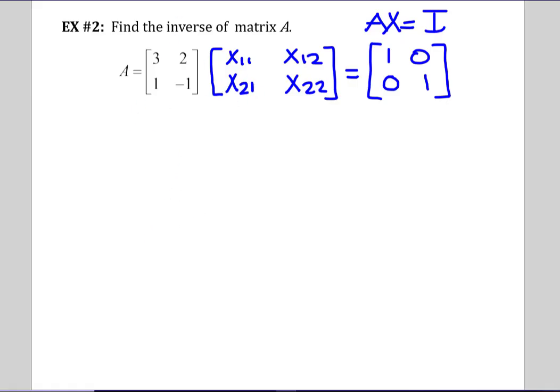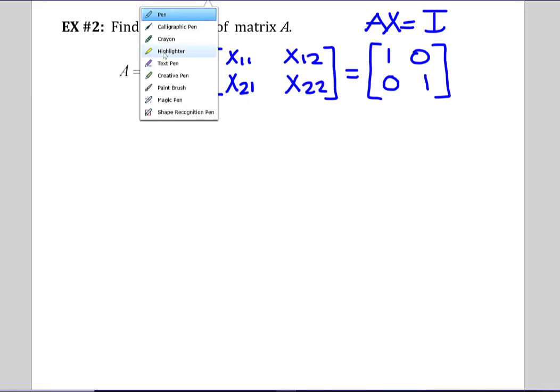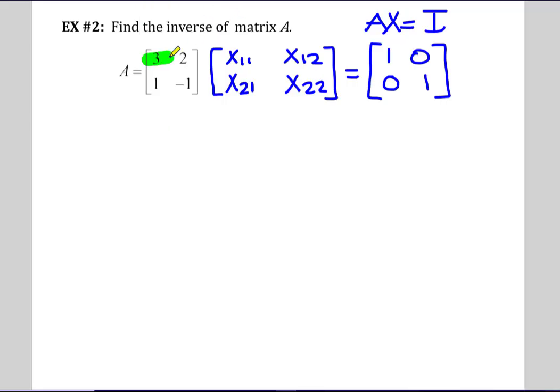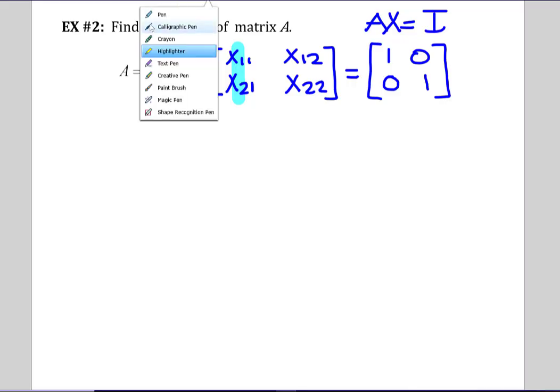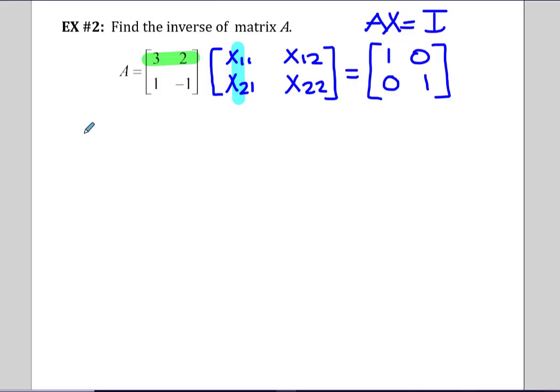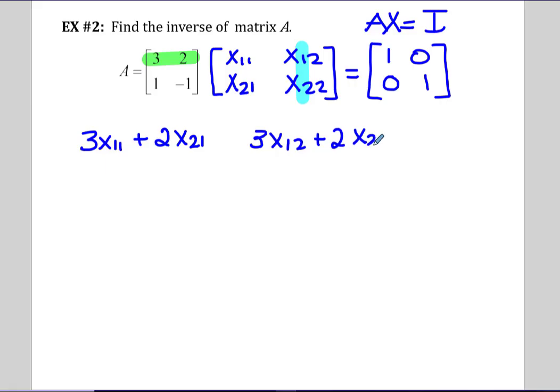Okay? So if we employ that row by column approach to the left side for A times X, then we're going to see that we have something we can solve. So 3x sub 11 plus 2x sub 21, and moving this over, 3x sub 12 plus 2x sub 22.